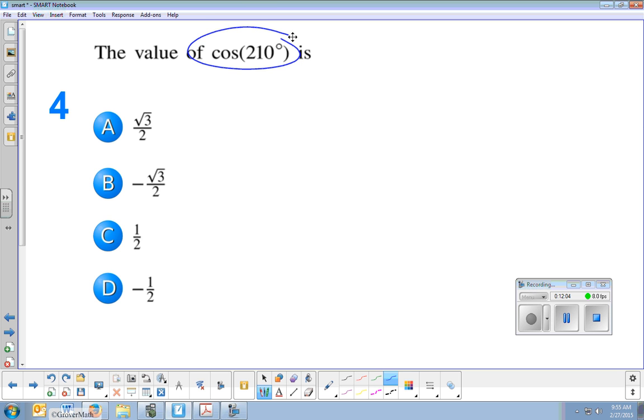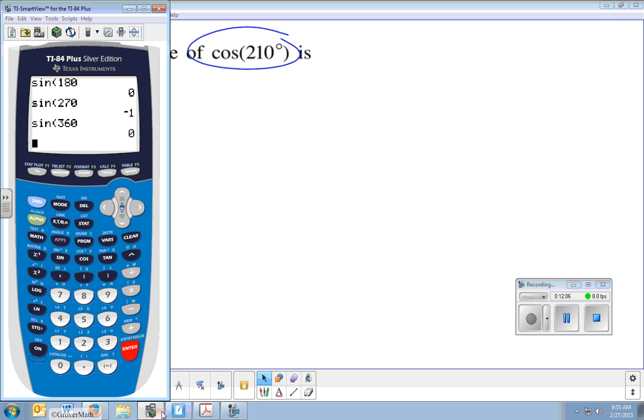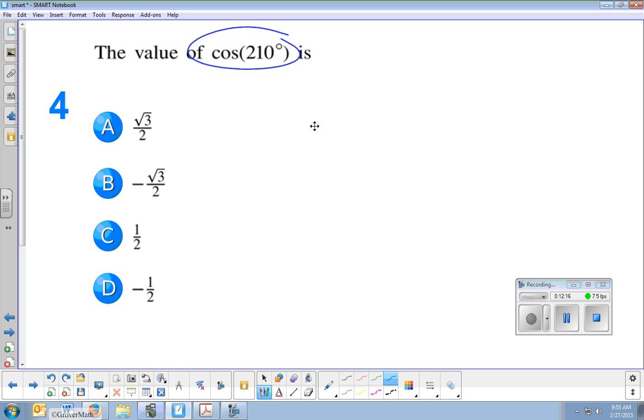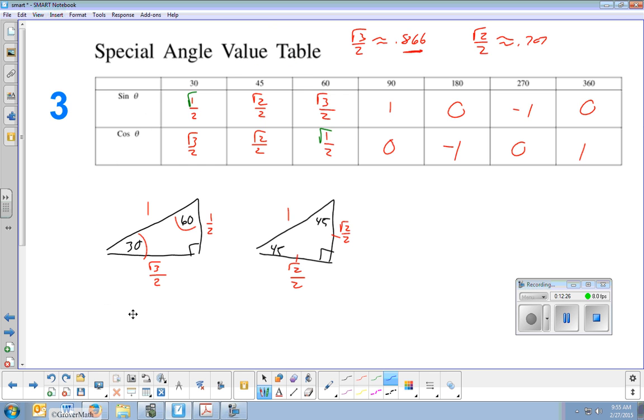Cosine 210. First, you could get away with simply typing that into your calculator, cos 210, and that's going to give us the answer. But negative 0.866, you have to recognize that negative 0.866 is approximately the rad 3 over 2 decimal. So that's our answer right there. Why is it like that? How come 210's not on this table?